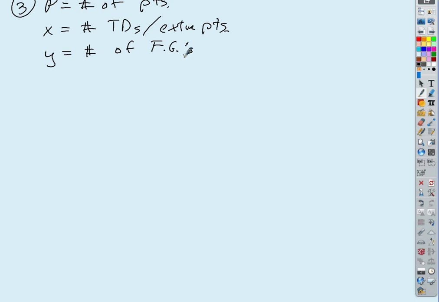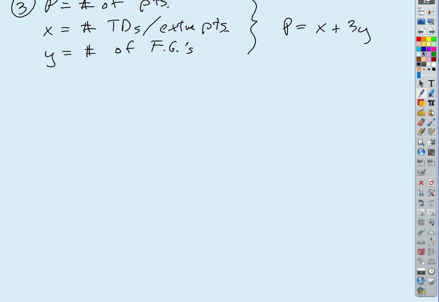So then, what's that going to give us for our function? P is equal to what in terms of X and Y? X, and these are worth 1 point apiece, right? So we get 1 times X plus 3 times Y. Everybody agree? Okay. So if he wants the number of points to be at least 24, what's that mean?